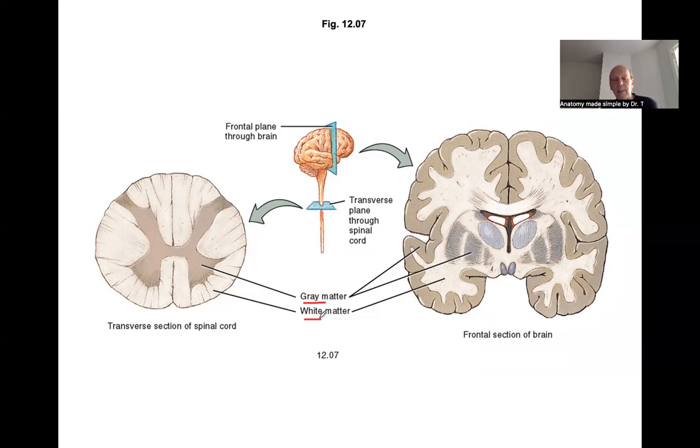Myelin adds to this kind of lighter color appearance, so we can immediately make a conclusion that centrally positioned gray matter is predominantly made of neurons that are not myelinated, or neurons whose axons are not myelinated, because we only get myelin on the surface of the axon. Body doesn't get it. Dendrites cannot be myelinated, just axons.